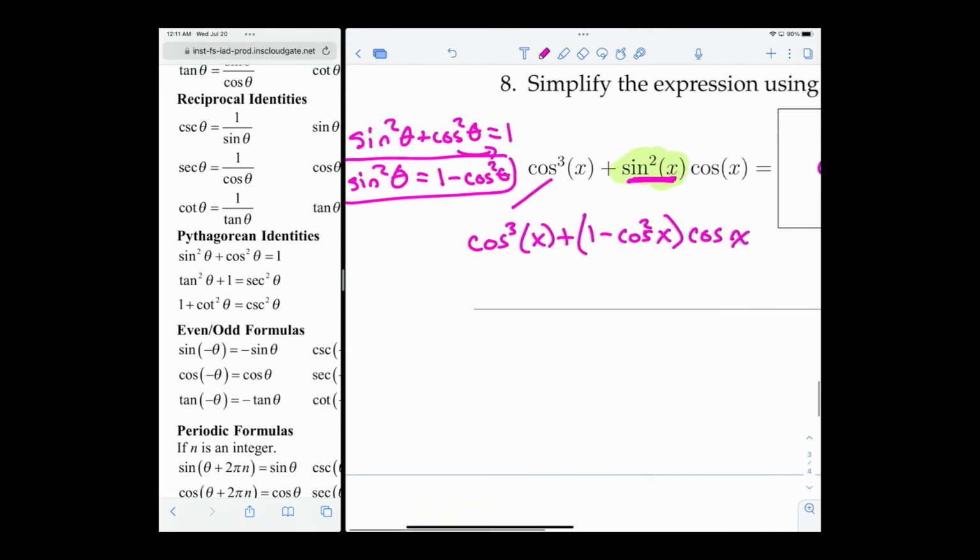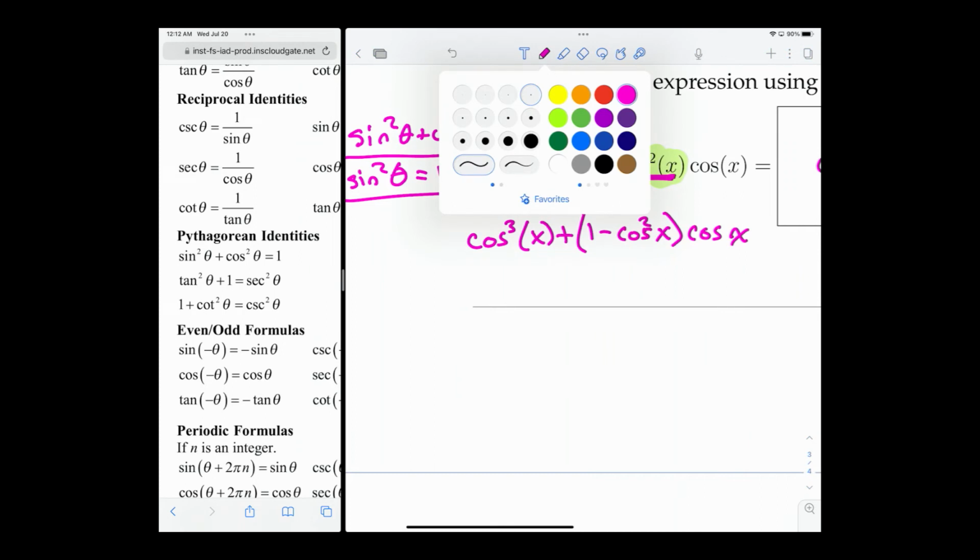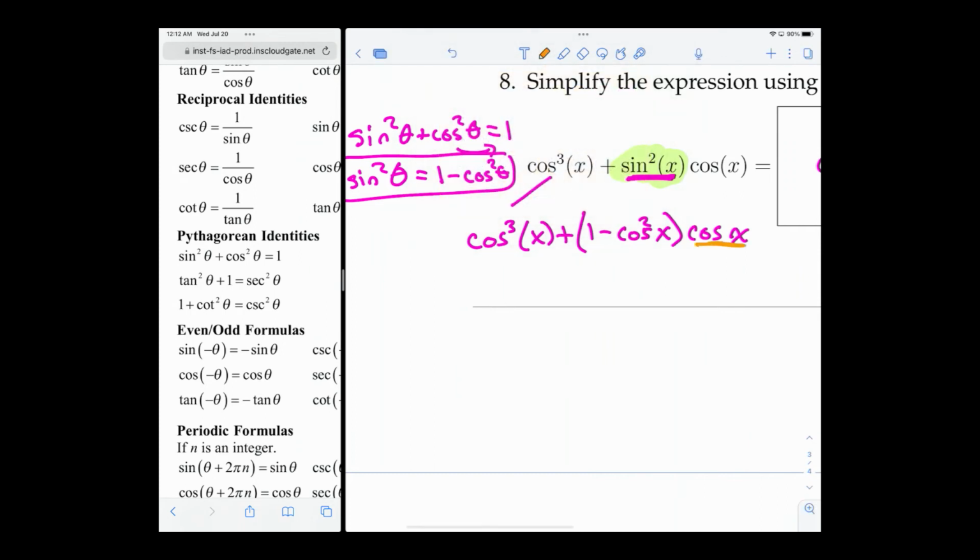Then this cosine is multiplied by both of these. So I'll have cosine cubed plus, well, cosine x times 1 is cosine x. And cosine x times cosine squared is cosine cubed.